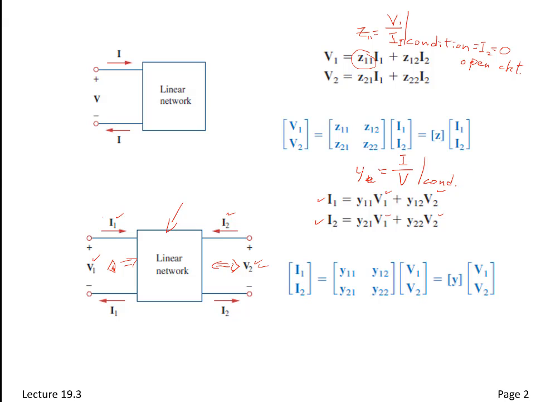Okay? And I over V turns out to be the inverse of impedance, so we call it admittance. All right? And to make calculations and determinations easy, we set the condition to V equals 0. And so if we're looking for y11, we want it to be I1 divided by V1 when V2 is 0. Okay? So all of this was done, and once again we wind up with these very nice matrix forms.